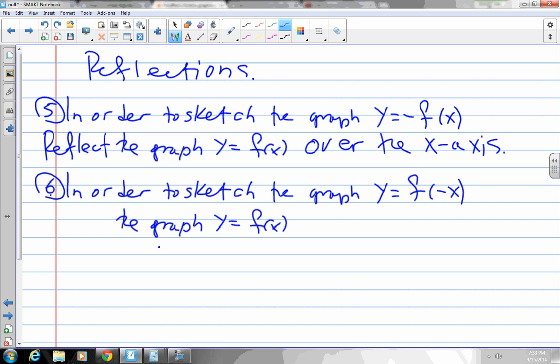So again, we have a reflection over what? What is the axis of reflection here? The y-axis. Okay. So then we have to reflect the graph y equals f of x over the y-axis.